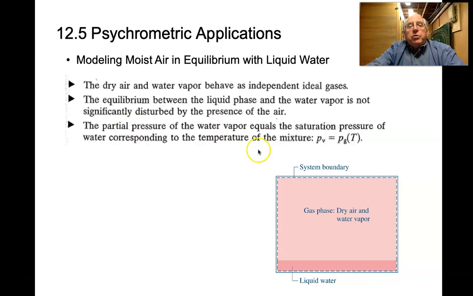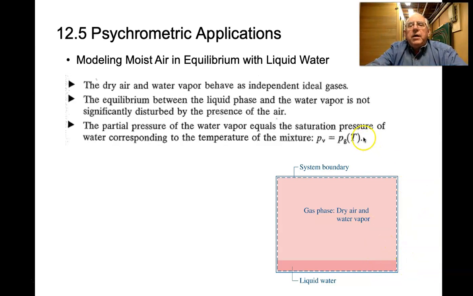The partial pressure of the water vapor equals the saturation pressure of the water corresponding to the temperature of the mixture. So in this scenario, enough liquid water will be released out of the liquid phase, turning into vapor, while at the same time vapor is condensing back to the liquid state.